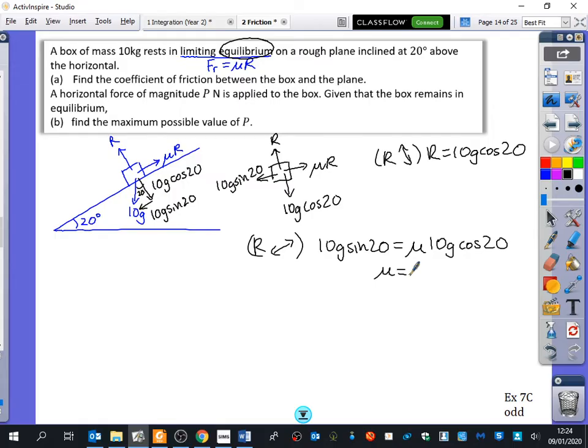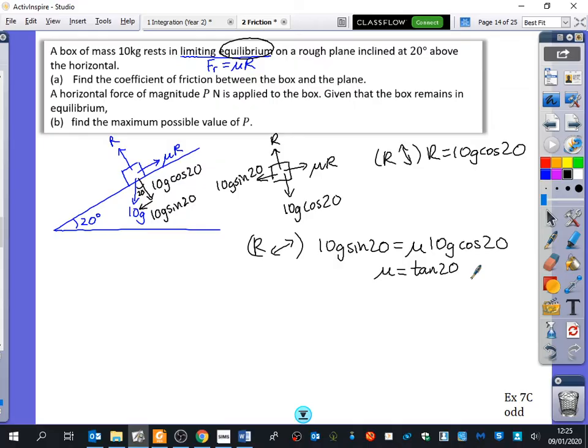No calculators allowed. Tan 20. Yes, Ekram. What is tan 20? No, that's okay. Tan 20 is 0.36, so that's good.